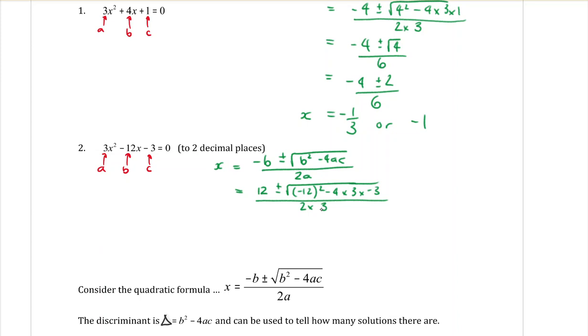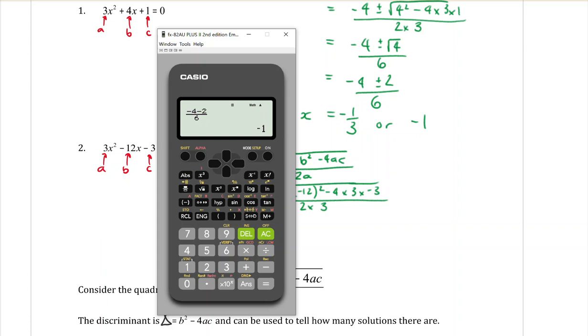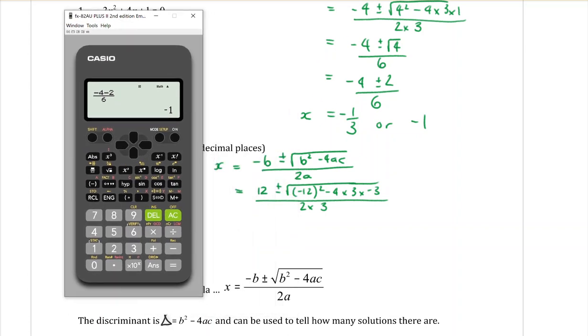So like we did last time, let's work out what is underneath that square root sign. So I have brackets, negative 12, close brackets squared, minus 4 times 3 times minus 3.